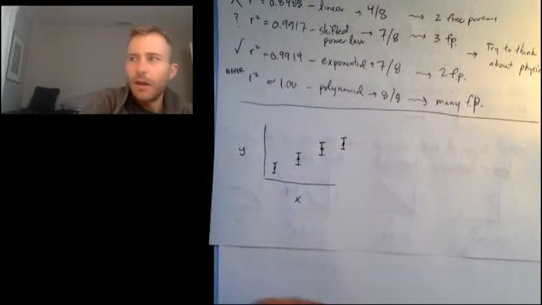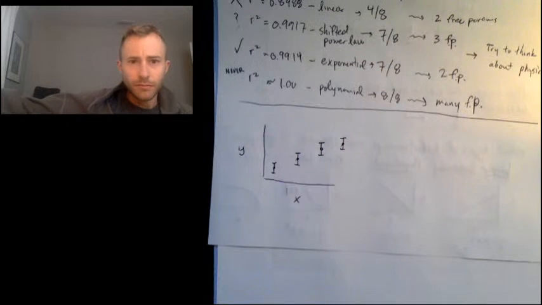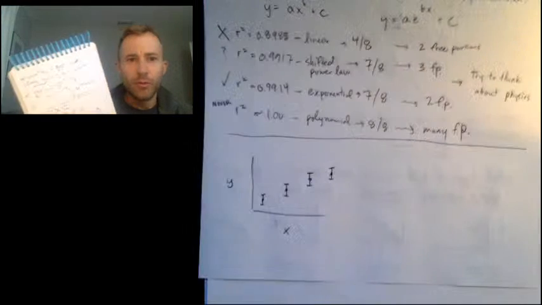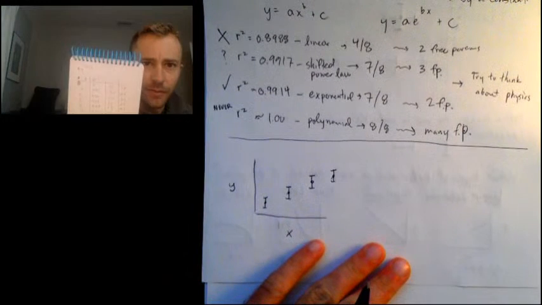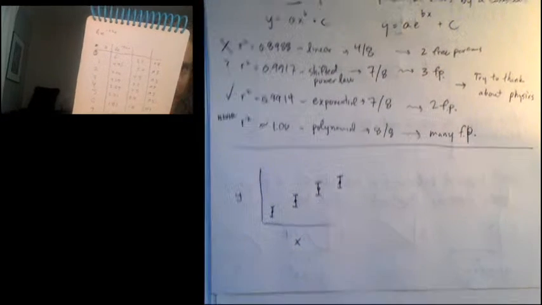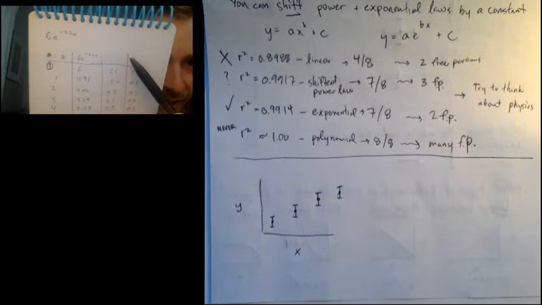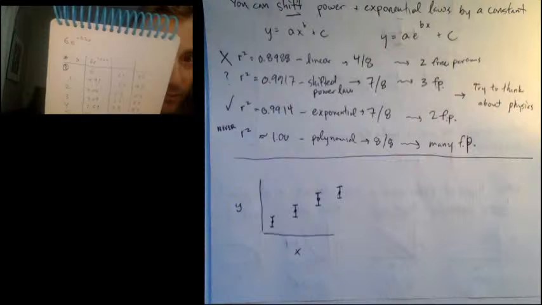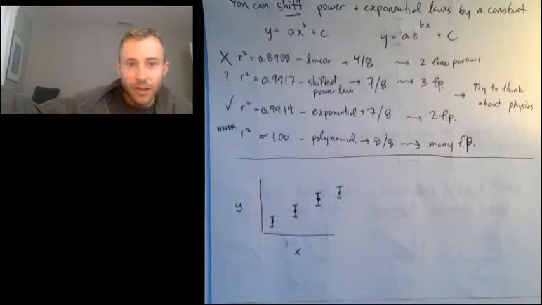Oh, by the way, when I put that data, it came from y equals 6e to the negative 0.2x. That was what the function actually was.